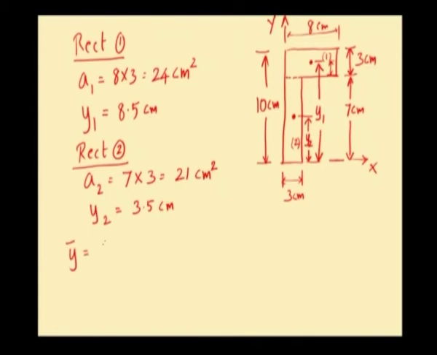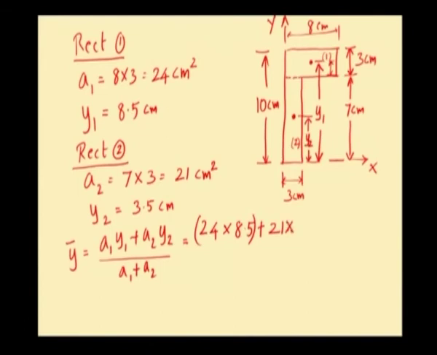So, y bar will be a1 y1 plus a2 y2 divided by the sum of the areas a1 plus a2, which will be 24 into 8.5 plus 21 into 3.5, divided by the sum of the areas, which is 24 plus 21. So, the answer will come as 6.167 centimeter.